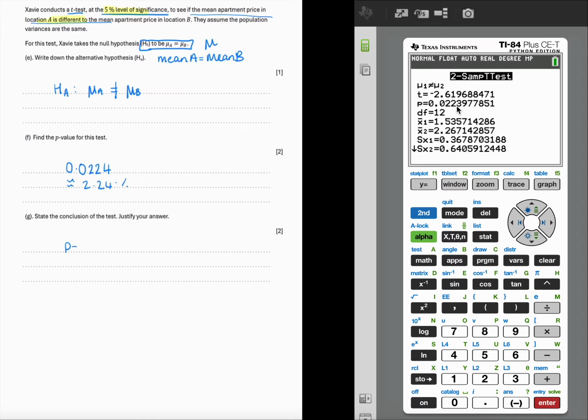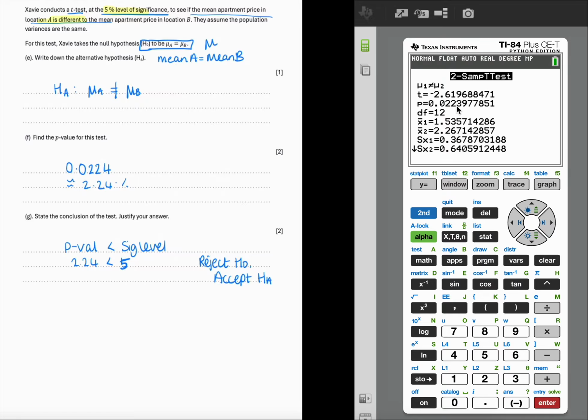So since the p-value is less than the significance level, so the 2.24 is less than the 5% significance level, we are rejecting the null hypothesis, which means that we will then accept the alternate hypothesis.